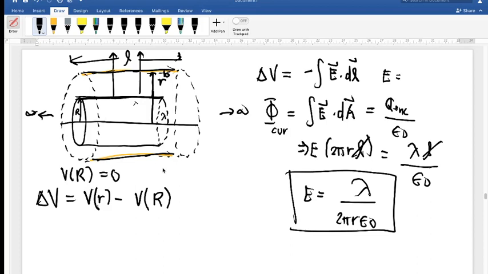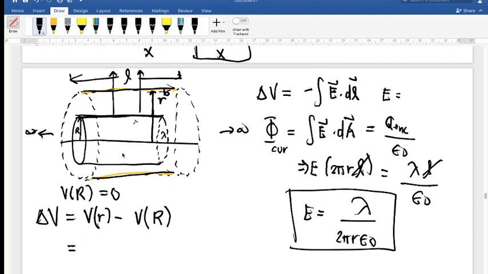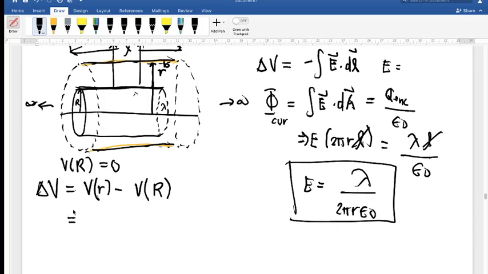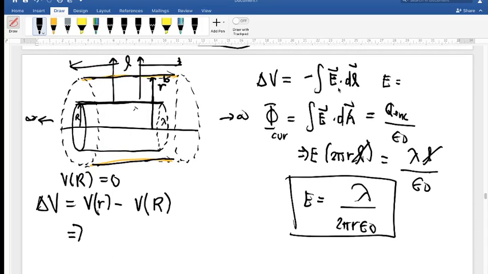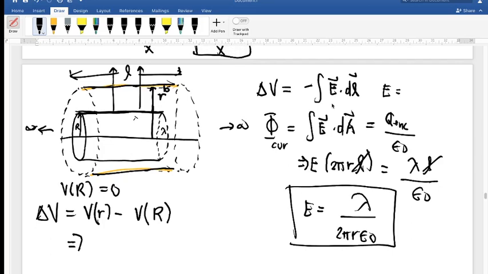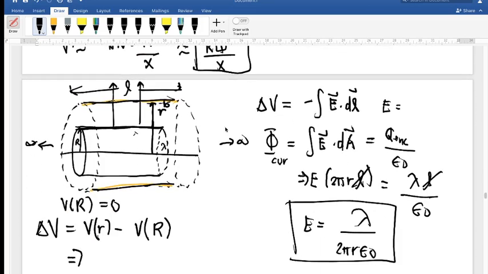Which is actually okay for you to do. Okay, so what is the potential at point R? So we can let our potential at the surface again be 0, because this is our reference point.